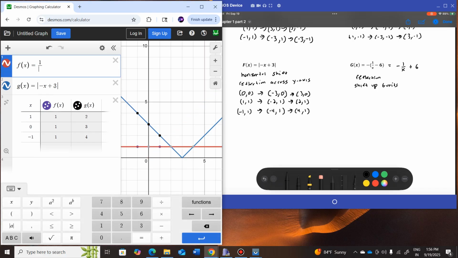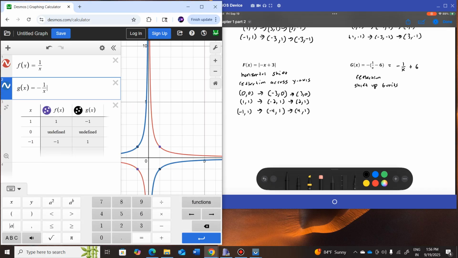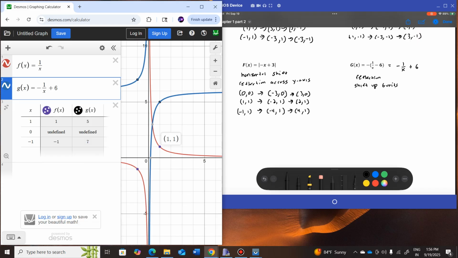Right, so let's answer that question if it's over the x or over the y. And so we're going to go 1/x, and we're going to go -1/x + 6. Okay. So let's look at point (1, 1). We have a reflection, and then we have a vertical shift. The vertical shift of the asymptotes is the easy part because asymptotes don't get changed by reflections, but this y = 0 just goes up 6.